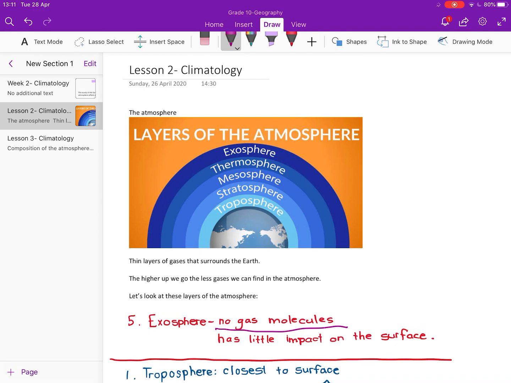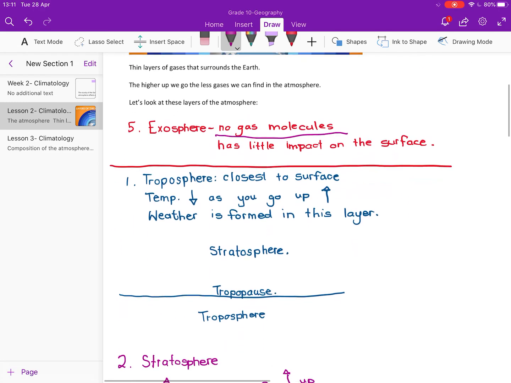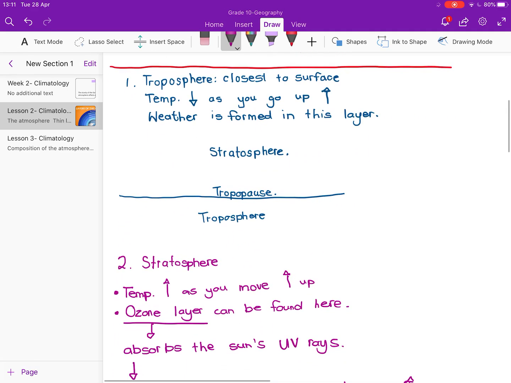So I wrote here no gas molecules, and it has little impact on the surface of the Earth, obviously because it is so far away. So the exosphere is very far away from the surface of the Earth, and it has little impact on what happens on the surface. So the one that is closest to the Earth is the troposphere.